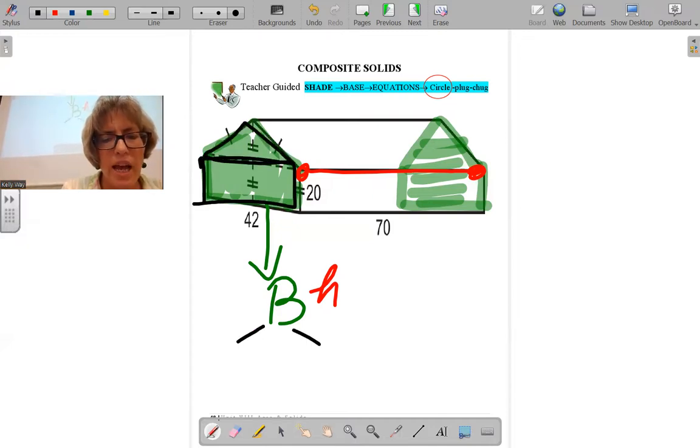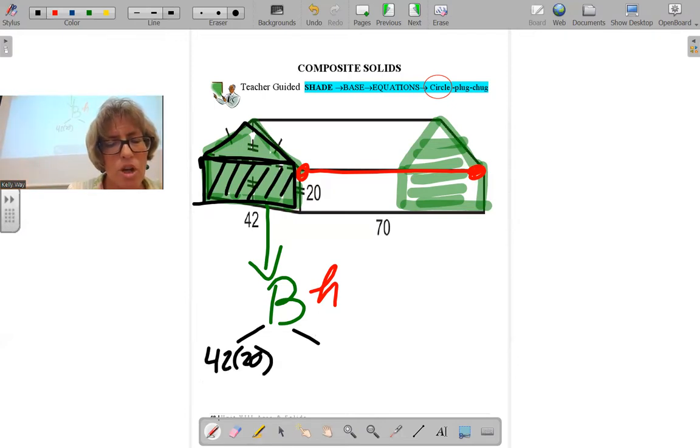So this base is a composite. It's made up of 2 things. One, a rectangle, which is length times width, 42 times 20. That's our rectangle. Two, a triangle.